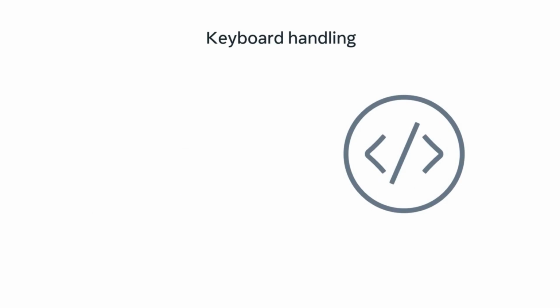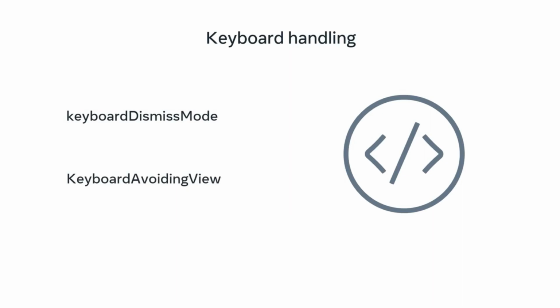You also came to understand the importance of handling the virtual keyboard and learned how to set keyboard dismissal behavior with the keyboardDismissMode property and use the KeyboardAvoidingView component to prevent the keyboard from obscuring the user's view of other elements on screen.